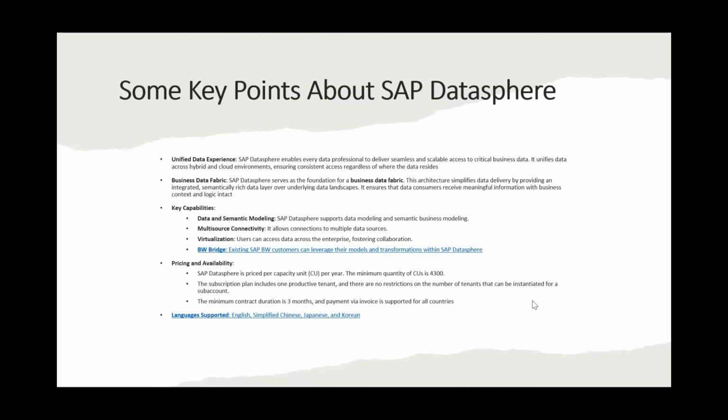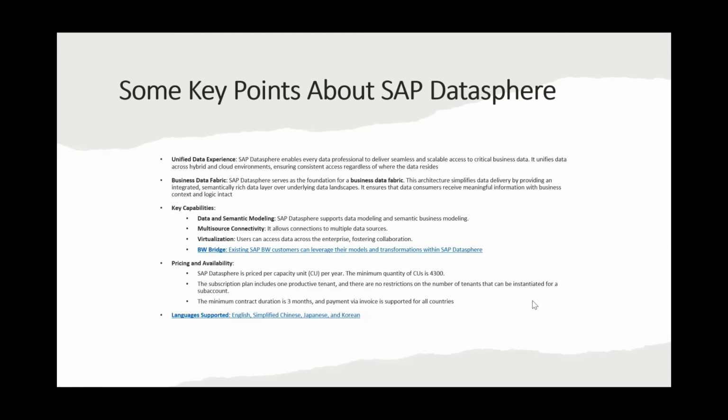Semantically rich data. What does semantically rich mean? Basically, it means it provides meaningful dimensions or measures. For example, company code is a feature and you can use it semantically throughout all your tables or all the designs that you will build in Datasphere.